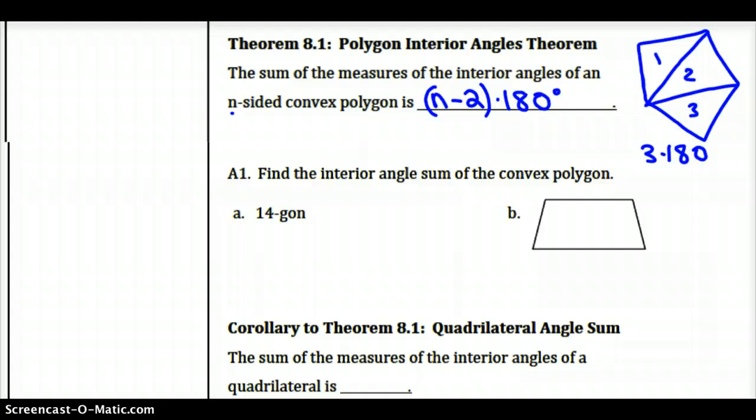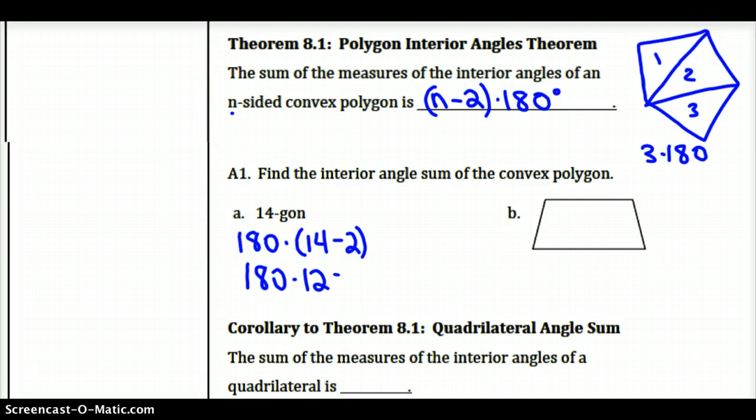Alrighty. Examples. Find the total here, 180 times 14 minus 2. Parentheses required, multiplication is commutative, so it can go either way. So 180 times 12, which comes out to be 2,160 degrees. Over here, a little simpler.